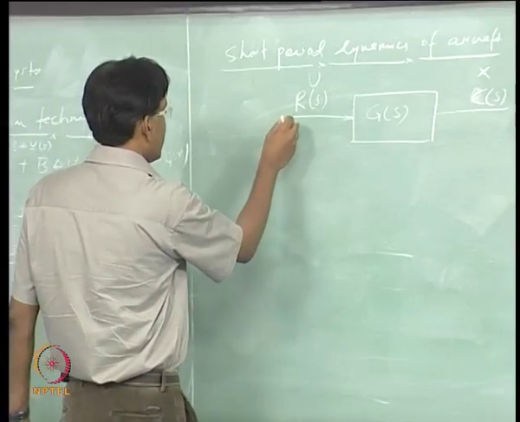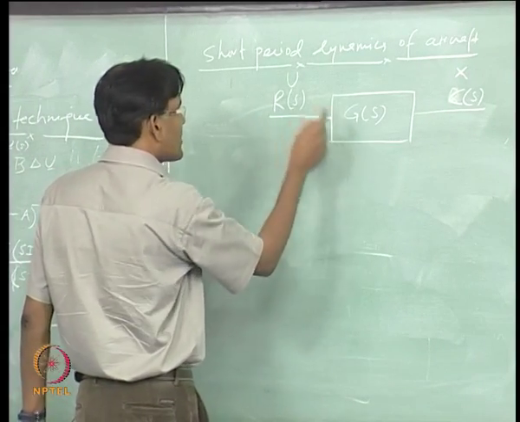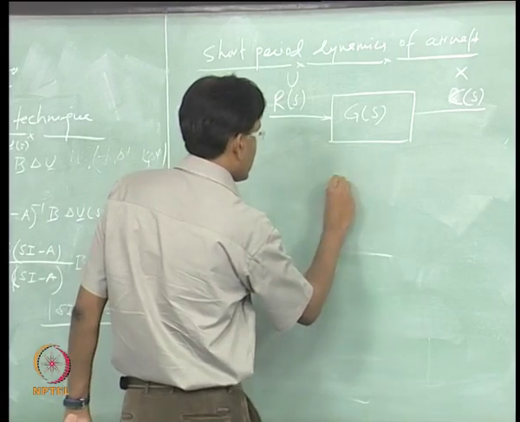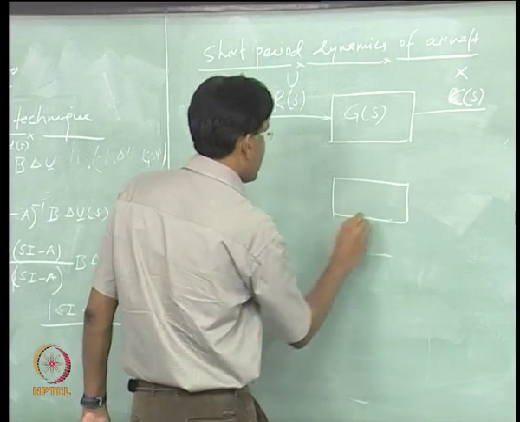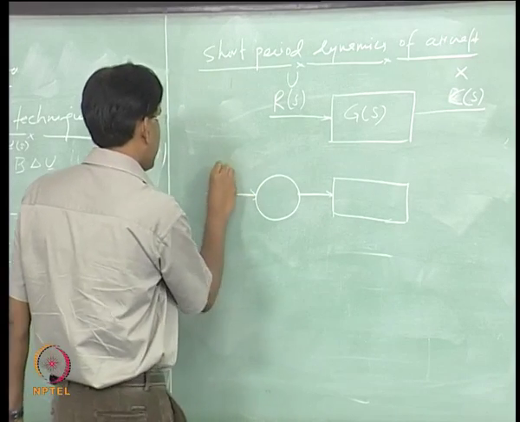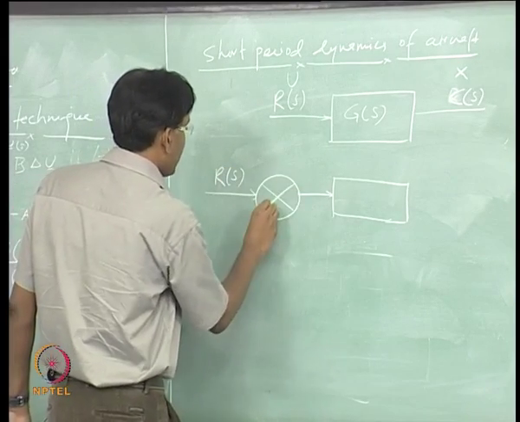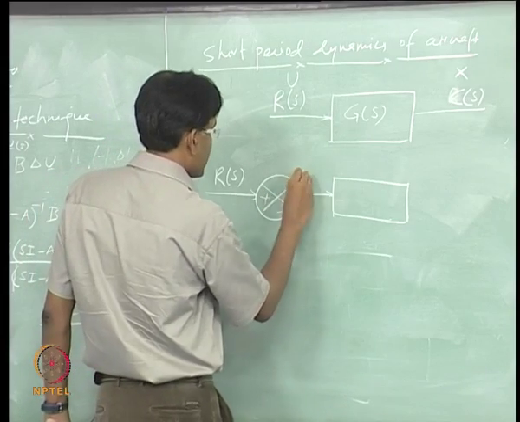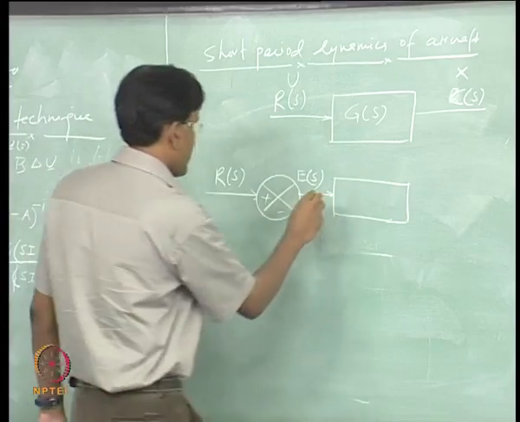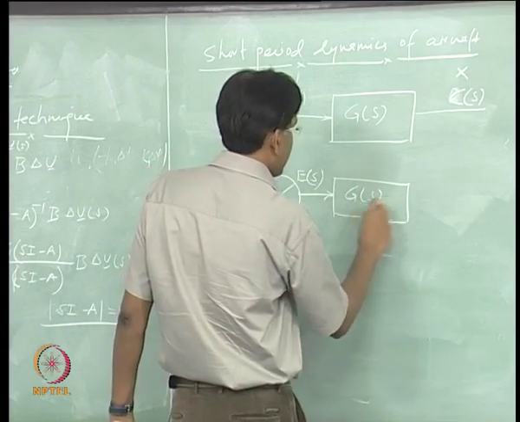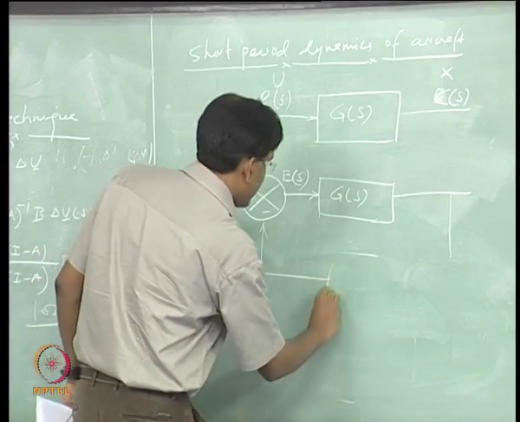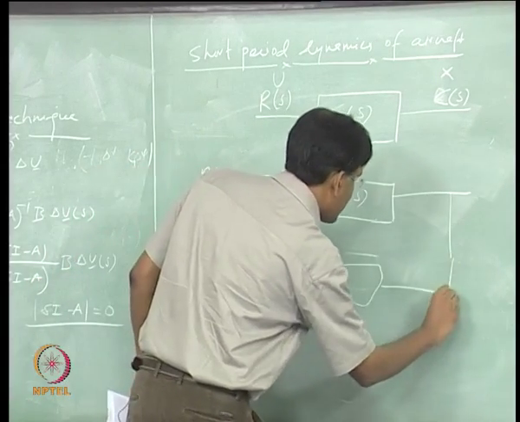So, what happens when we close the loop is it changes the input characteristics depending upon the error that is fed back through a feedback element.